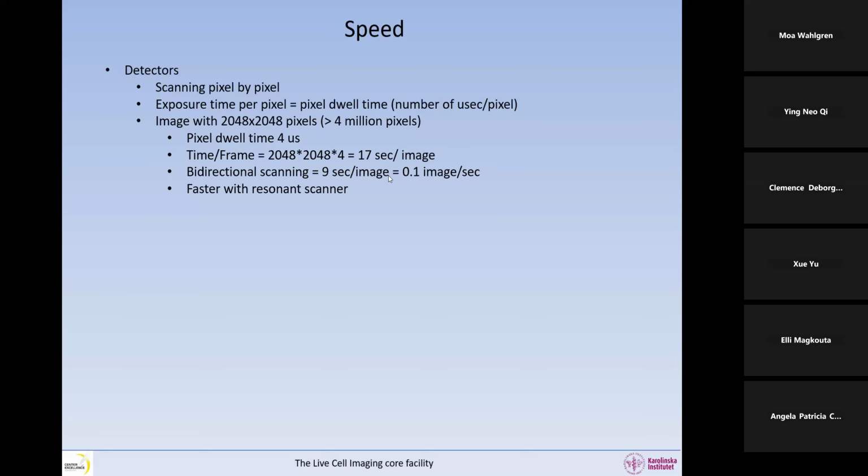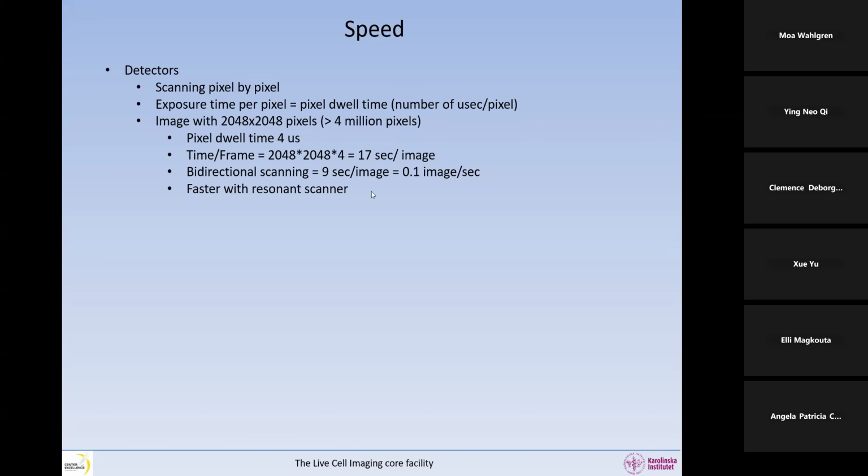And then you can also use bidirectional scanning on a single point confocal. That means that instead of going back to the beginning of the line without imaging, you are imaging on the way back as well. So it goes pretty much double the speed. If we use these settings and bidirectional scanning, then we can get to 0.1 images per second.